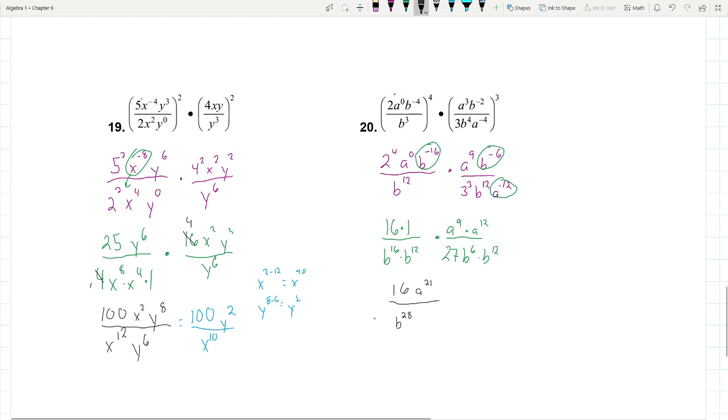The 27, bring the 27 over here, and B to the 28th, B to the 6th, B to the 12th, that's B to the 18th. One final step here of combining these B's that came together. 16, A to the 21st, that's staying the same. We got 27, B, 28 plus 18 is 46.